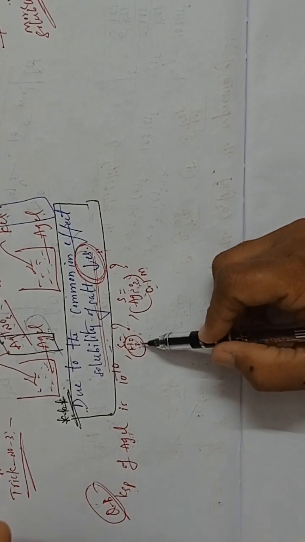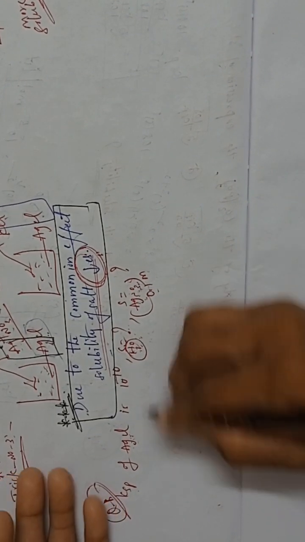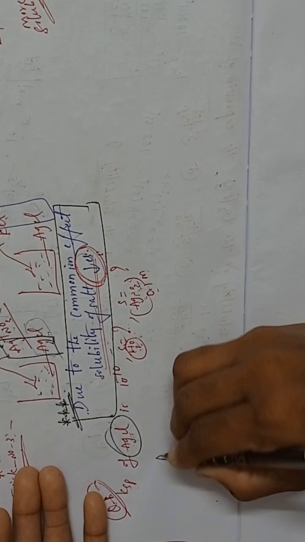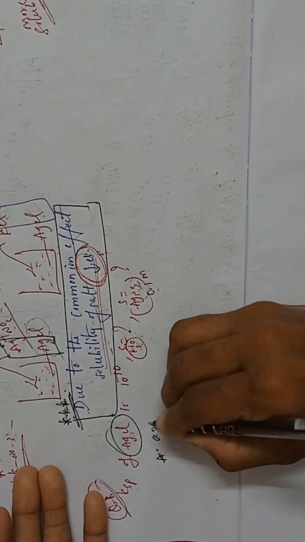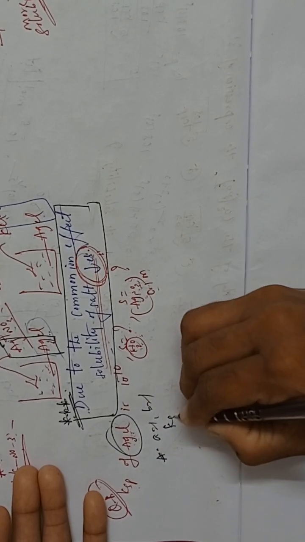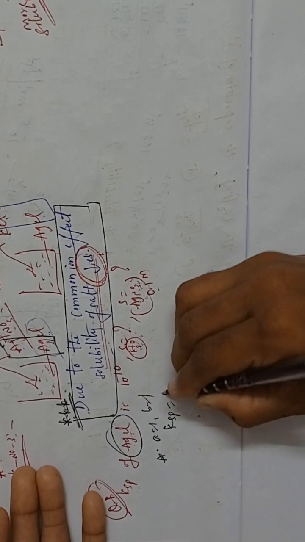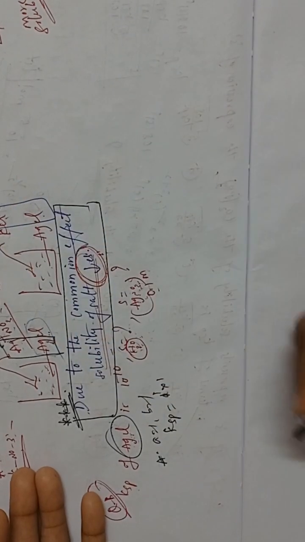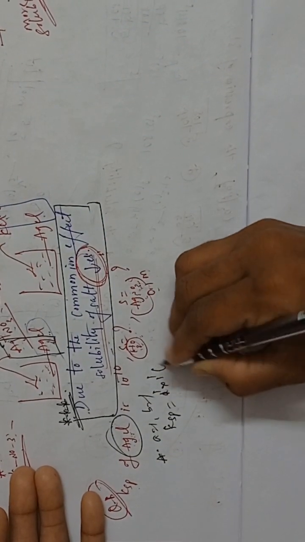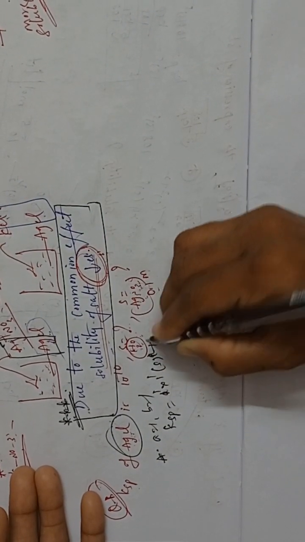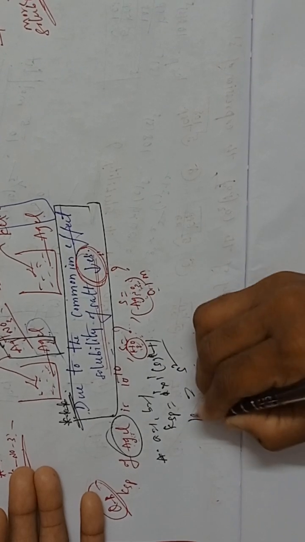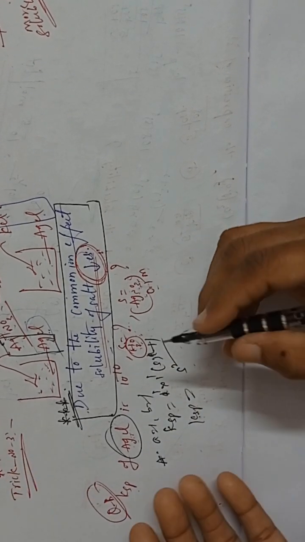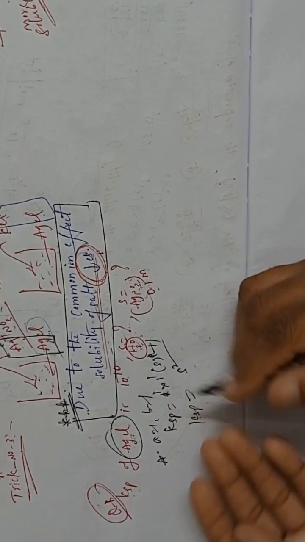Now we will see, students. First we will calculate the solubility in water. Silver chloride, a equals 1, b equals 1. What is Ksp, students? Based on trick number 1, Ksp equals 1 power 1 into 1 power 1 into s to the power of 1 plus 1, which is s square. Ksp value is already given.